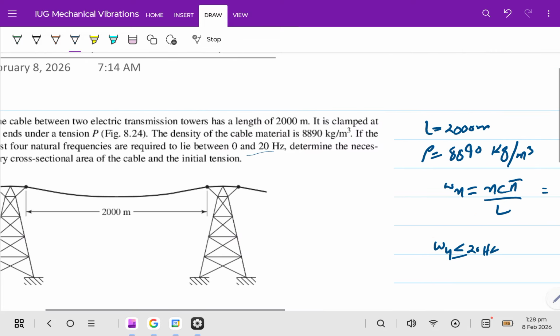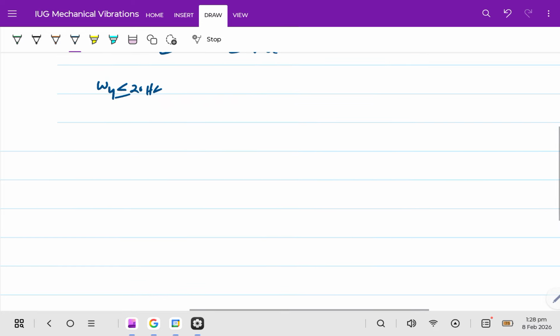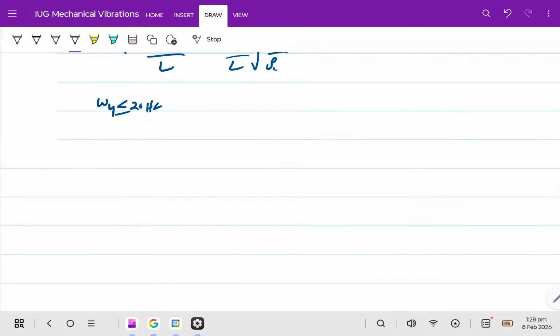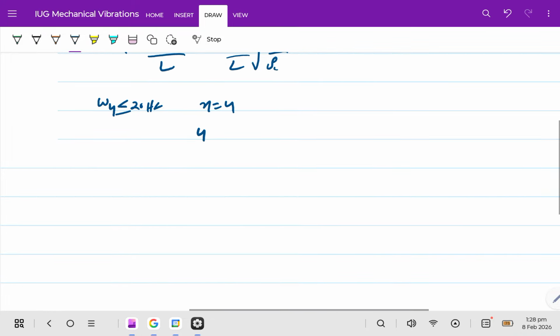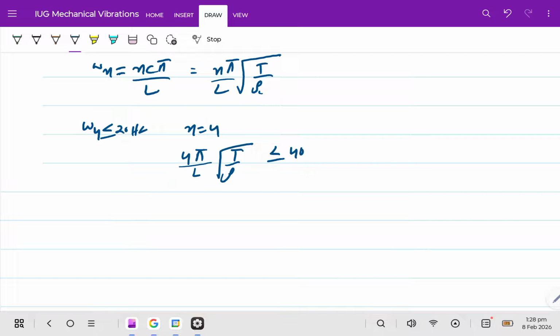Yeah, so it's less than or equal to 20 hertz. So it means n equals to 4. So 4 pi by L under root T over linear density should be less than or equal to 20 hertz.